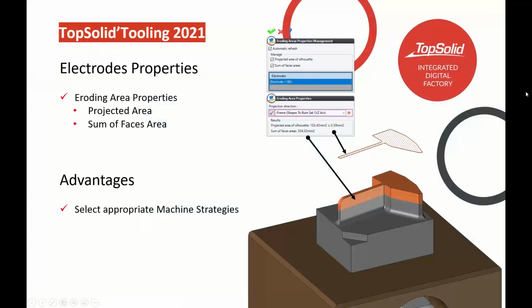Perfect. Okay, next is electrode properties. You can now show the projected area of an electrode as well. And you can do this with the sum of the face area. The sum of the face area includes not only these top faces here, but all of the actual faces that will effectively be burning, not the extension faces.